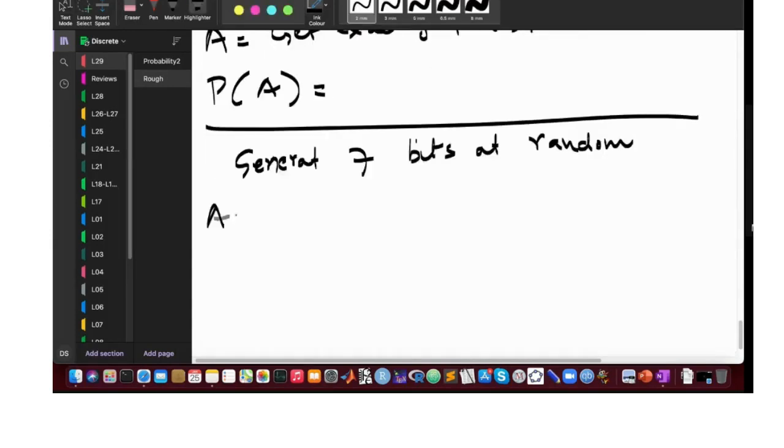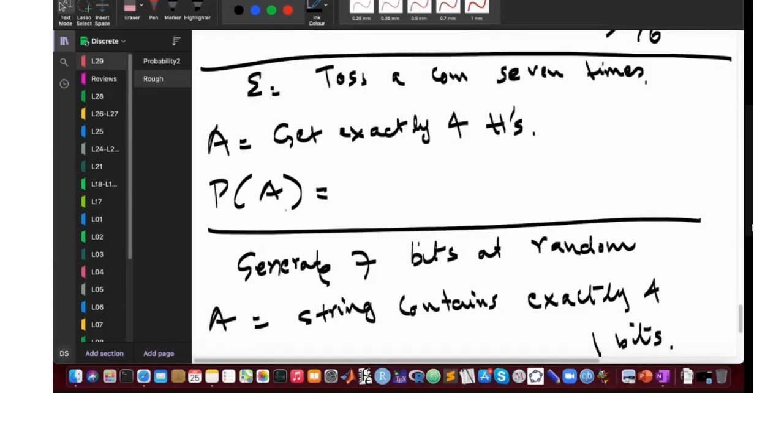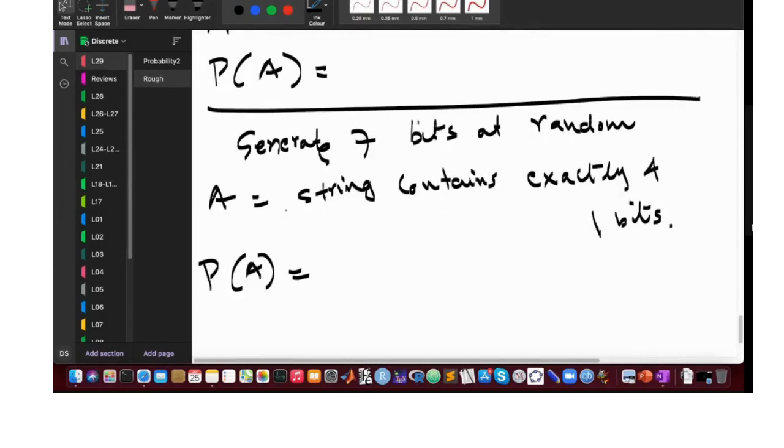A is the event that the random bit string contains exactly 4 one bits. Okay, now I want to compute the probability of A. Make sense? It's the same thing. तो वहाँ पे मैंने coins को अब bits कह दिया.